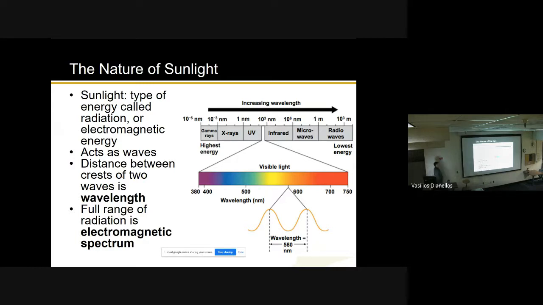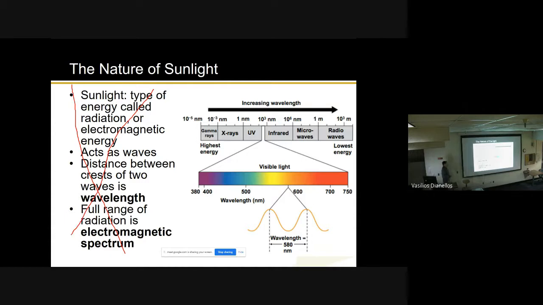It kind of acts as waves, but it also has particles, so to speak. And we'll come back to that here in a second. The distance between the crest of the waves is called the wavelength, and the full range of radiation is called the electromagnetic spectrum. And watch me put a big old X through this, because again, this will not be on the exam.